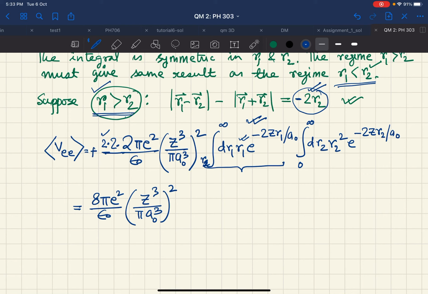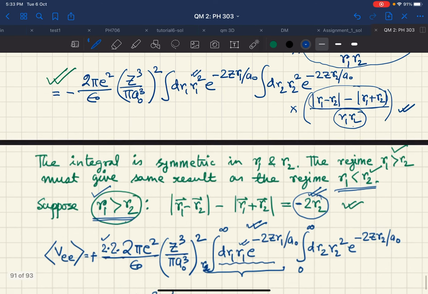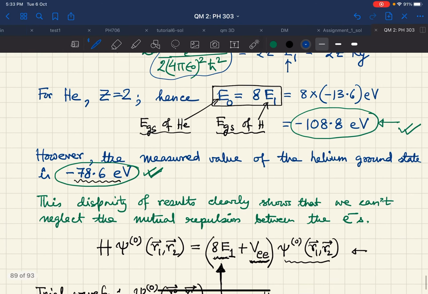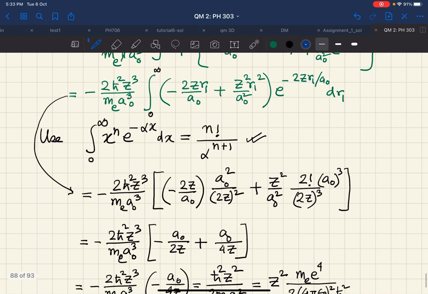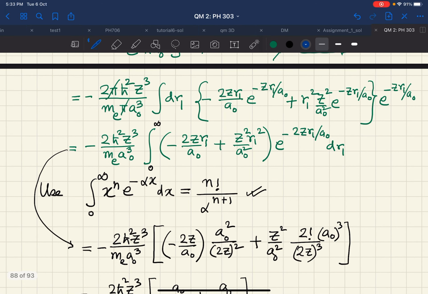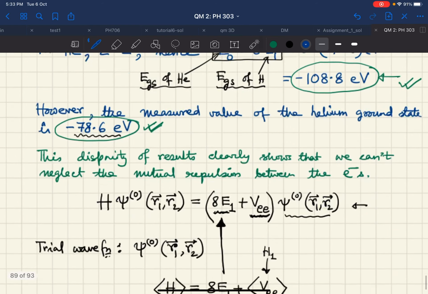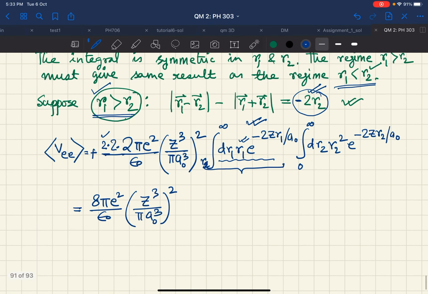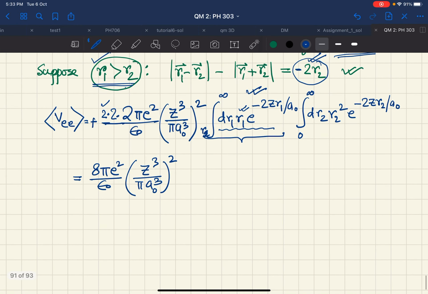And then I have to do this integration, but now I cannot use the formula that I have written earlier. This formula we cannot use anymore. Why? Because the limit has changed. The limit is no longer from 0 to infinity. The limit is now from R2 to infinity. So we have to do this integration by parts.